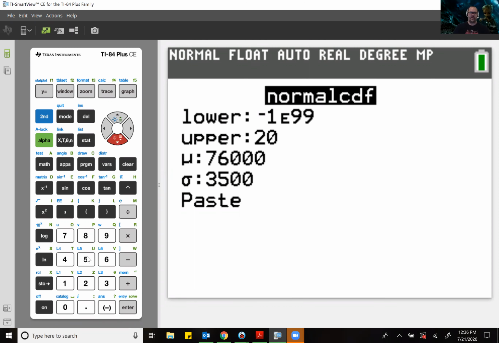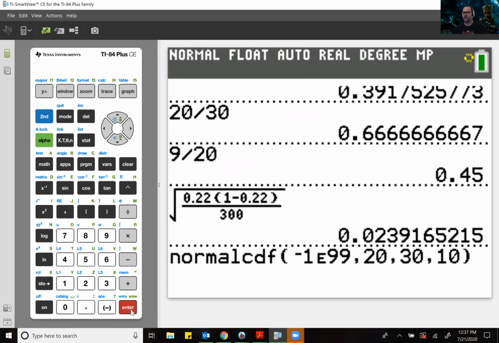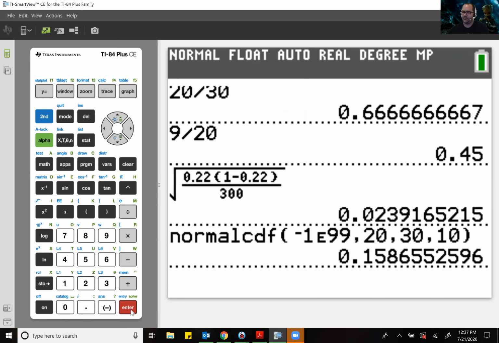Our mu is 30, our standard deviation is 10, and just hit paste. And there is our p-value, or the probability, I should say.